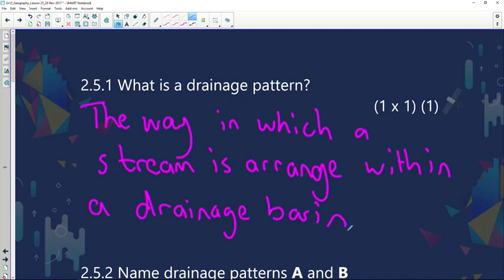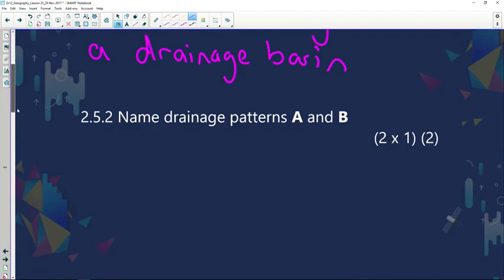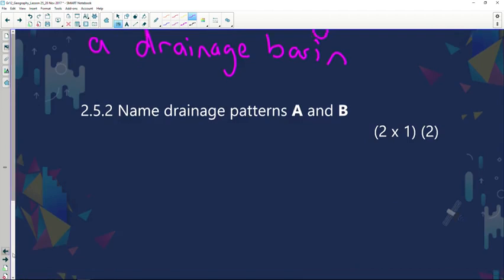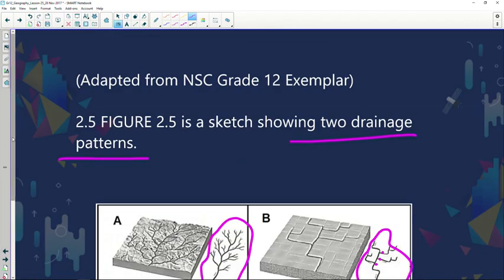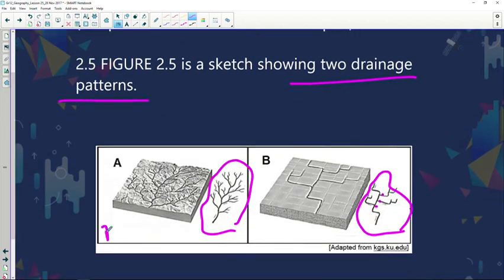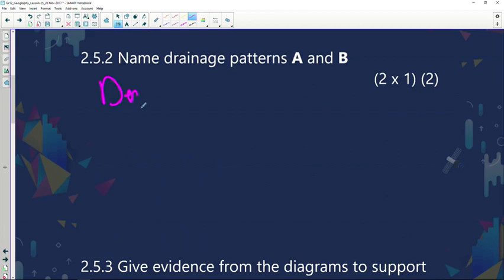The way in which a stream is arranged within a drainage basin. Name drainage pattern A and B. I'm going to do it on there. A is dendritic and B is rectangular. Okay, we've mentioned dendritic and rectangular.